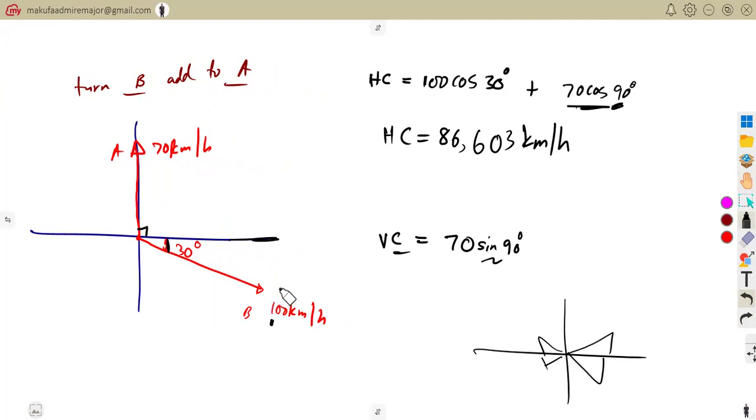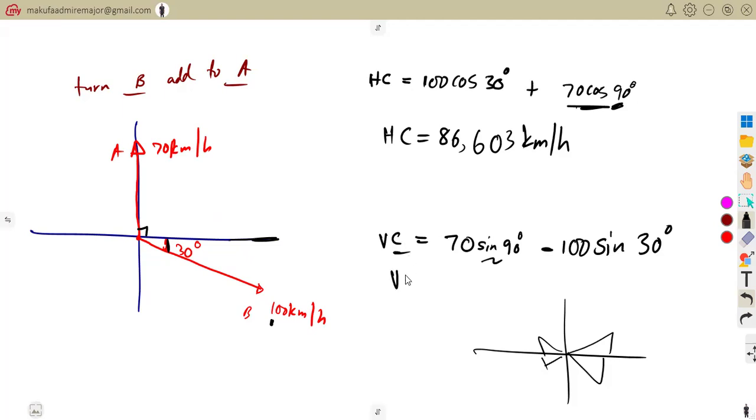It's going to be 100 sine 30, but negative. So it's going to be negative 100 sine of 30. You just use your components as usual. That is the condition that we are having there.